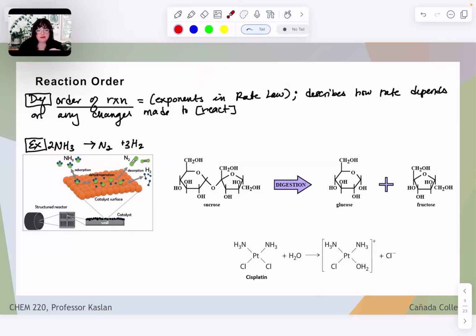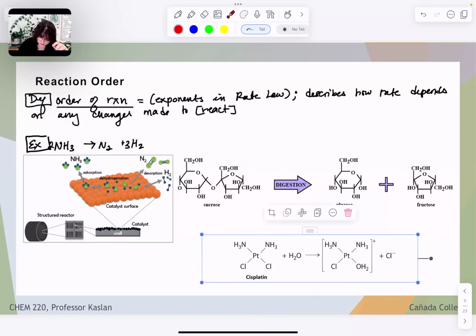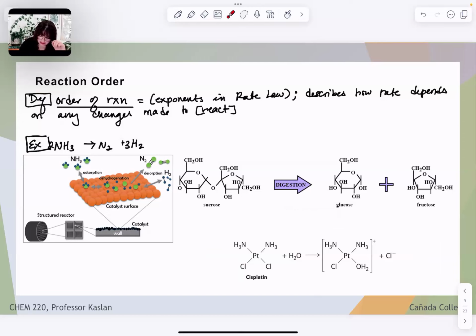However, let's look at what's happening chemically in this reaction. In this particular reaction that I'm showing you, we are looking at an adsorption reaction that is like the catalyst that allows for the dehydrogenation of ammonia, meaning this reaction is catalyzed, meaning it's occurring on some kind of surface.